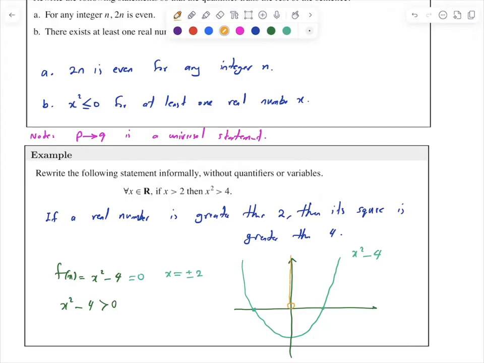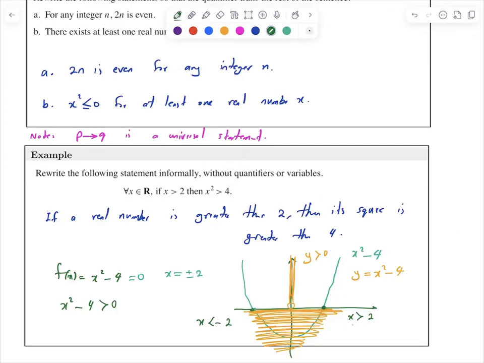This portion says the y value is more than 0. But the y value is nothing but x squared minus 4. So basically, you're going to ignore everything down here. So take a look at the domain. For the domain, x is more than 2, or x is less than -2.